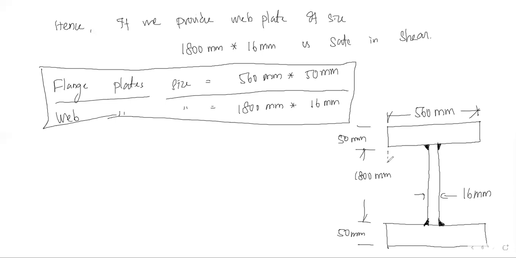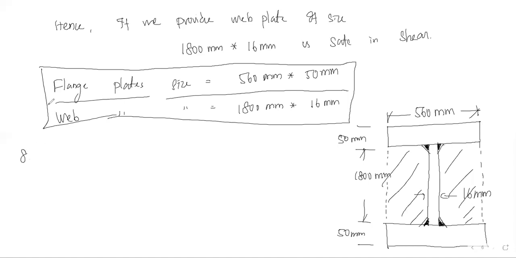End bearings means a plate I have to insert here, whatever the gap I can have. So here I am going to have plates. These things I have to calculate hereafter. So here I am going to provide the plate. This is nothing but our end bearings.